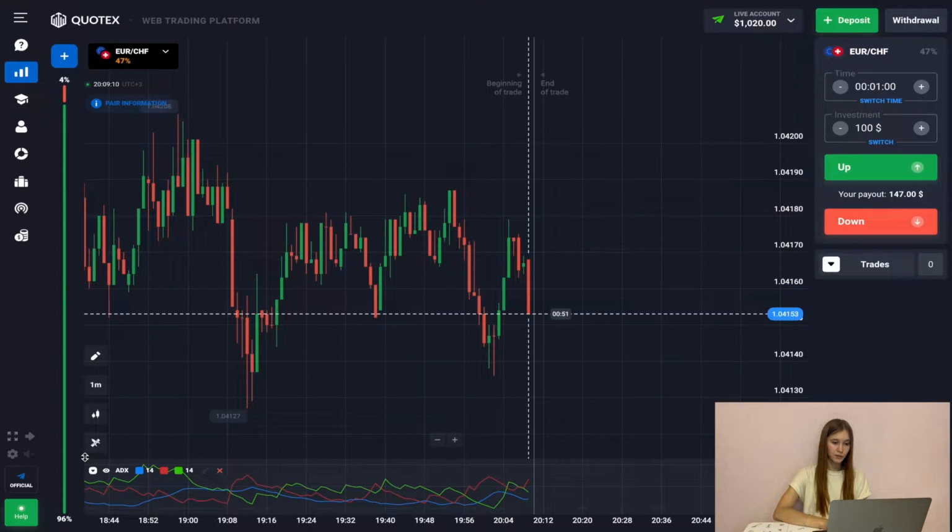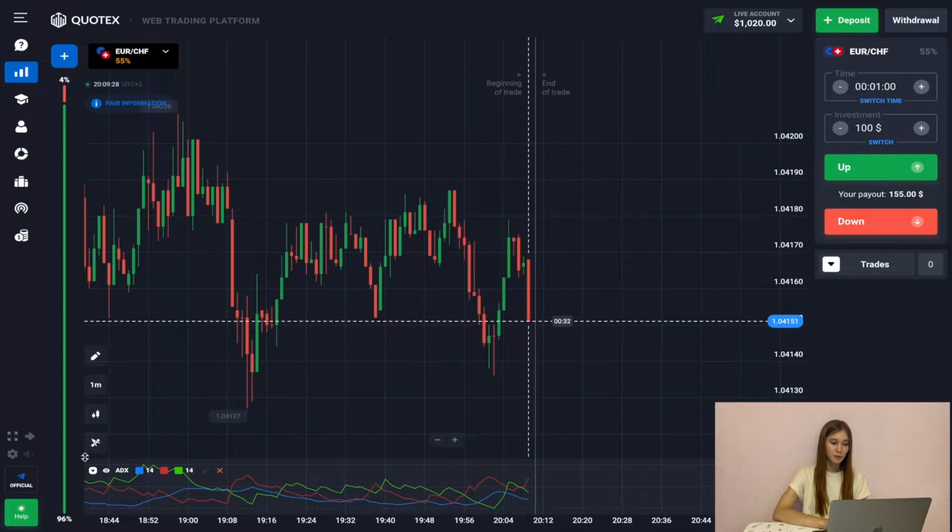ADX primarily helps to determine which phase the market is in, a trend or flat. It also indicates the direction of the trend, downtrend or upward, thereby helping to determine the point of opening a deal and the strength of the trend.